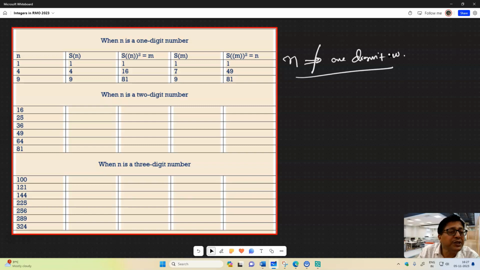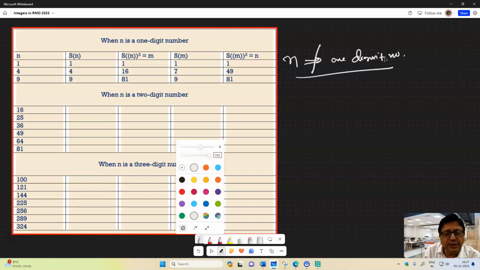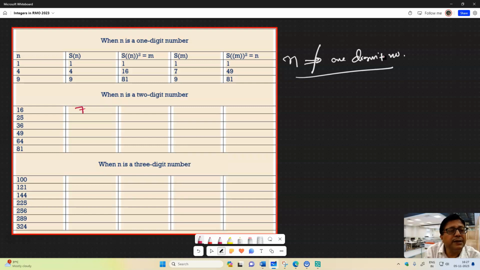Can it be a 2-digit number? If you go on calculating, this part is going to be 7. If you find all these things, then this part is 7, and if we put the value here, Sn square will be 49. This part is 13, 169. Not possible, because this started with 16, now it is 169.